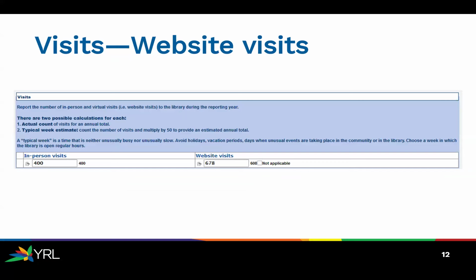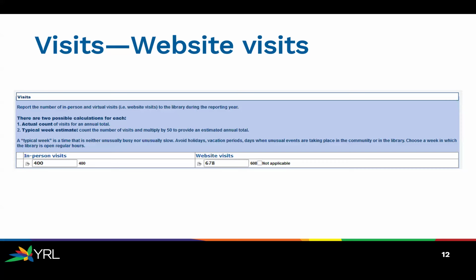So visits, this is going to be for visits to your library, both physical and virtual to your library website. We do collect visits to your library website, and we'll take a look at that on the annual report page on the intranet. For in-person visits, PLSB gives you some options here.